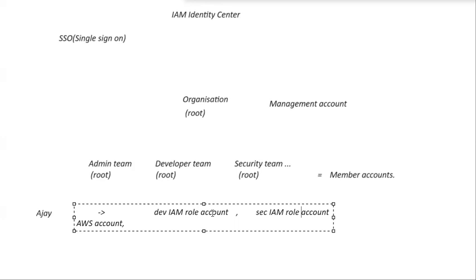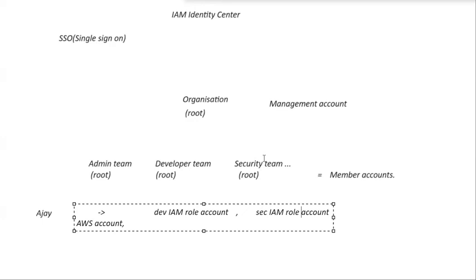So Ajay can access all the developer services from his AWS account. And since you also attached the security team IAM role to Ajay's AWS account, Ajay can also access the security team services.